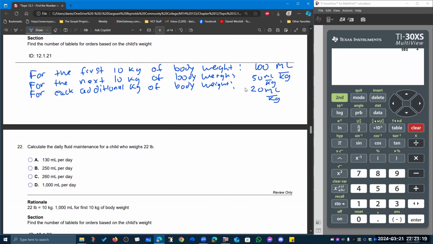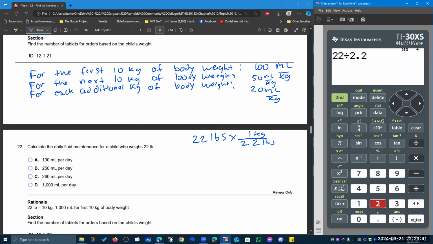Now we want the daily fluid maintenance for a child who weighs 22 pounds. Let's change pounds to kilograms. 22 pounds divided by 2.2 pounds per kilogram should be 10 kilograms.